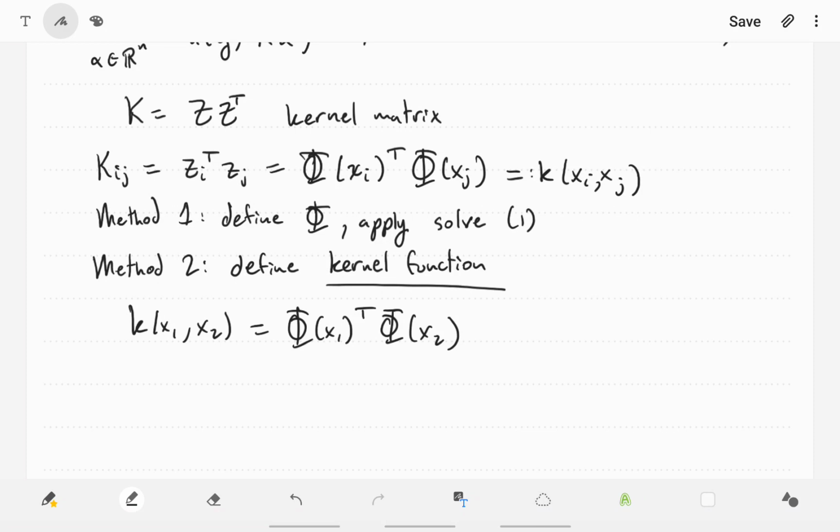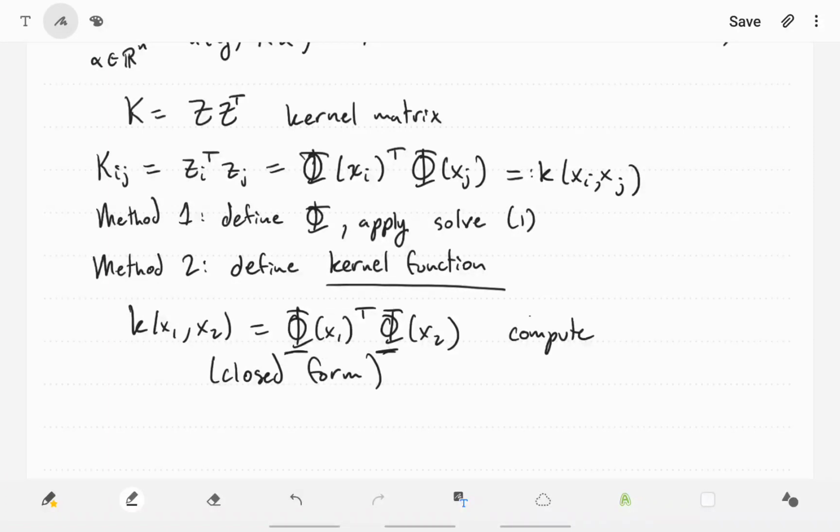So that's the other approach. And then we can compute K, and we can do this in many circumstances. We can do this in closed form. We can think about just analytically, what is the high dimensional embedding?